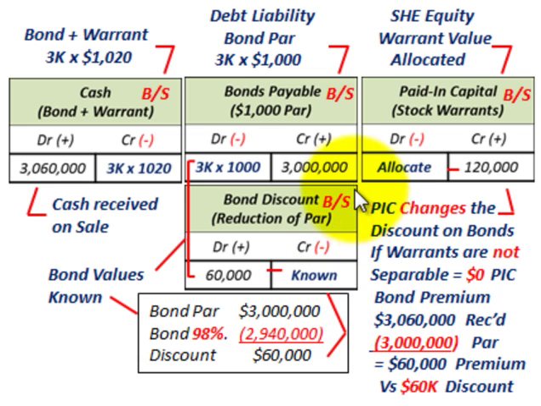So the point is, when we're dealing with bonds with these detachable warrants, and in this case we didn't know the value of the stock warrant itself, we had to allocate that value based on what we did know.